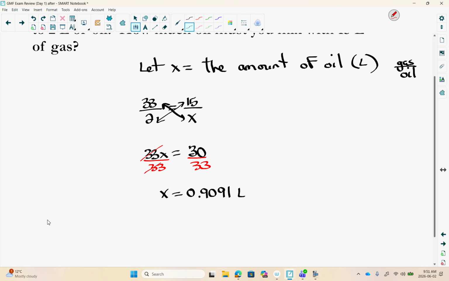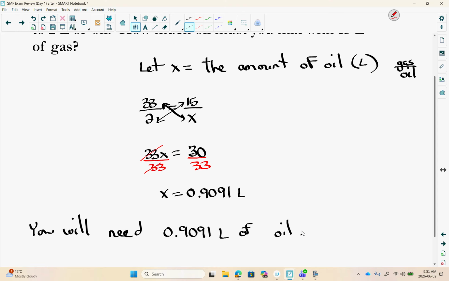And you could finish that off, and you would say you will need 0.9091 liters of oil.